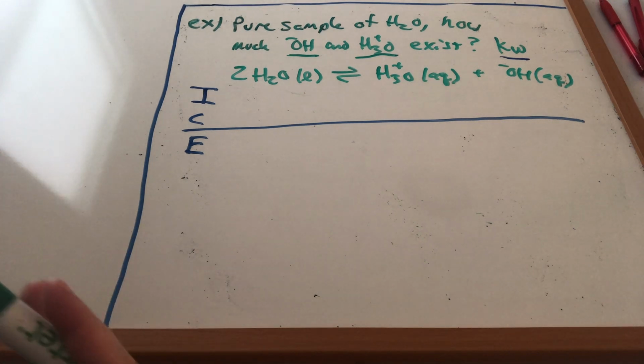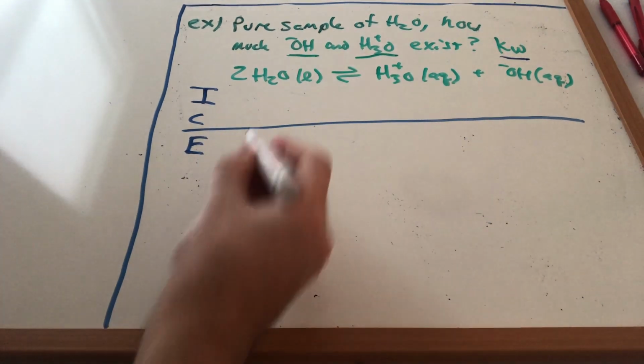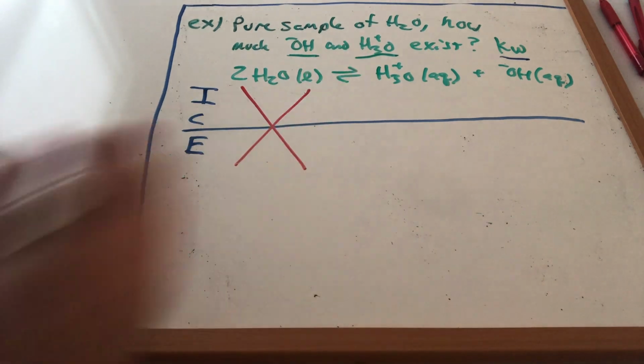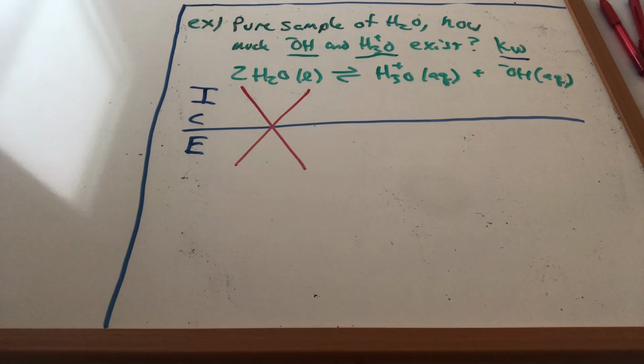So let's use the rules from last chapter. What do we do with H2O liquid? Well, H2O liquid doesn't have a concentration. It's not an aqueous species or a gas, and so we X it out. So we're using our skills that we learned in the last chapter to analyze this new system.